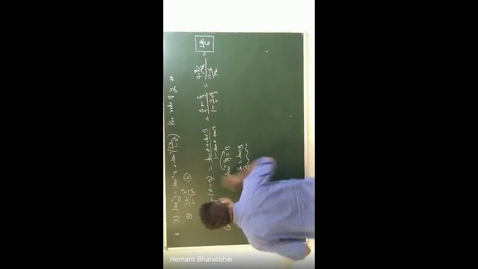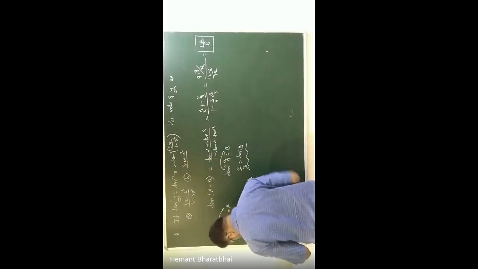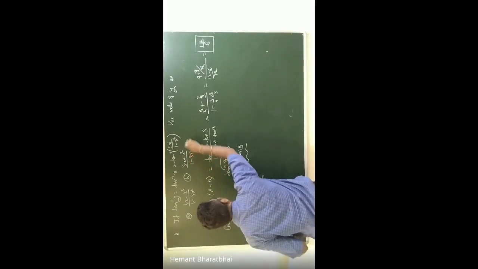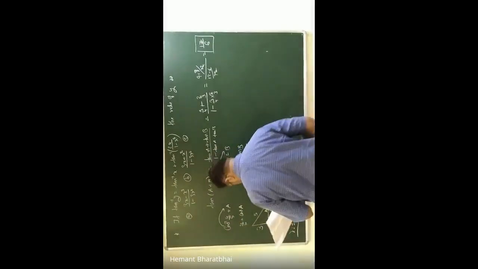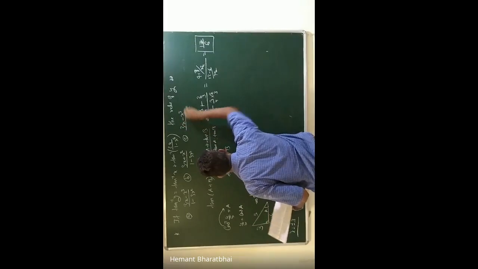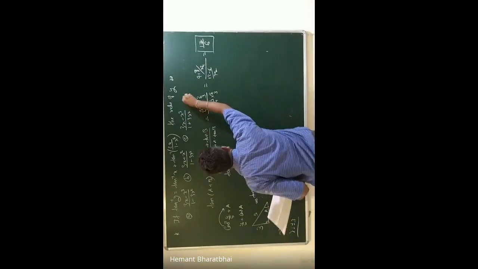Option number B, 3x plus x square upon 1 minus 3x square. Option number C, 3x minus x cube upon 1 plus 3x square.